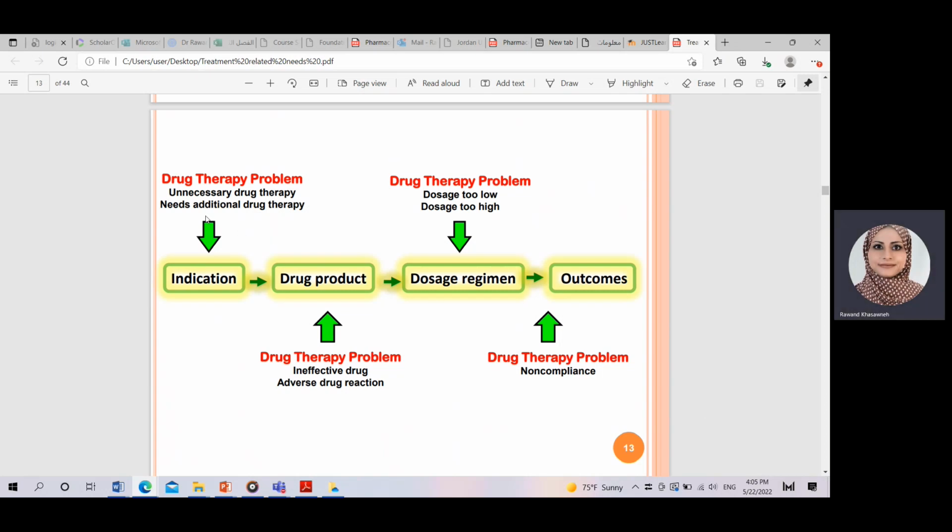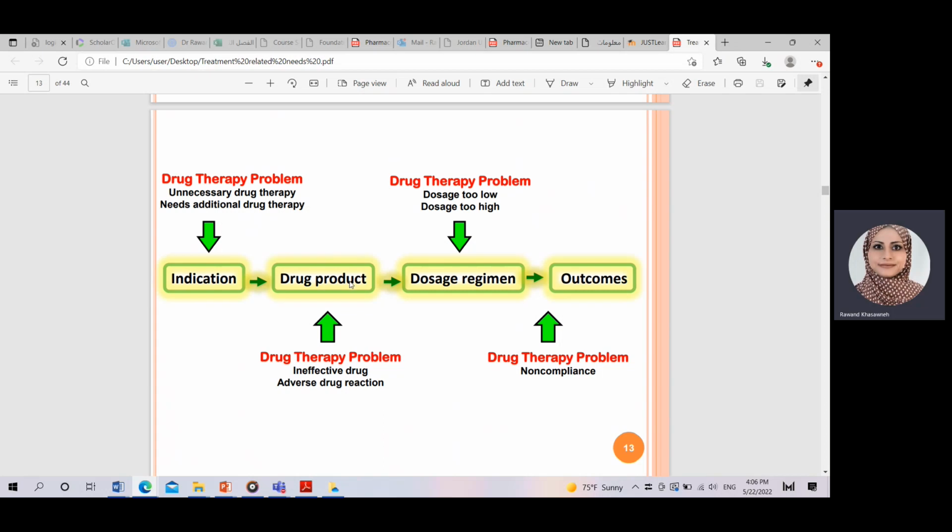And this can be in the form of unnecessary drug therapy that is not indicated. At this level also, patients may need additional drug therapy. The patient may have an undiagnosed indication, and the patient may not be using an actually needed medication, and this is classified as a need for additional drug therapy.